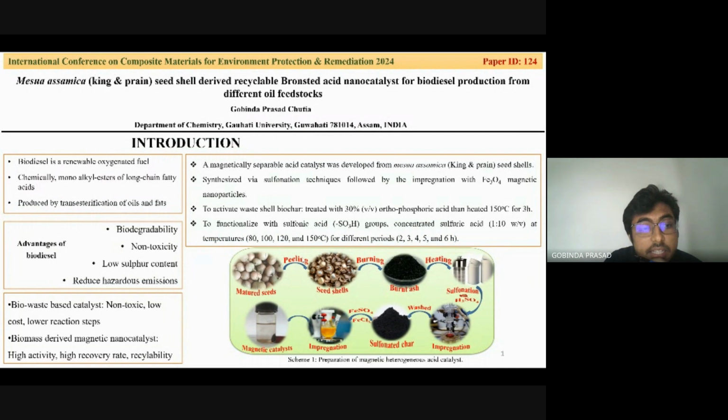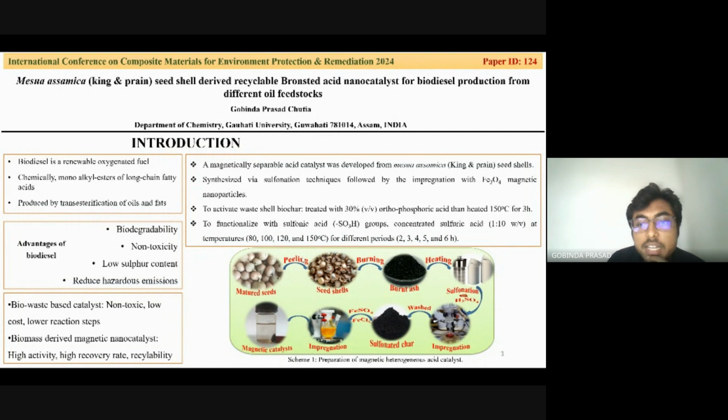The bio-waste-based catalysts derived for the production of biodiesel have several advantages. They provide non-toxic, low cost, and fewer reaction steps. The biomass-derived magnetic nanocatalyst provides high reactivity, a high recovery rate, and recyclability. We developed a magnetically separable acid catalyst from the waste Mesua assamica seed shells.